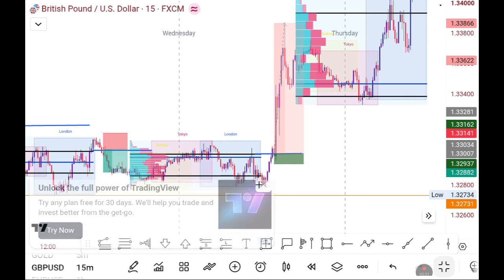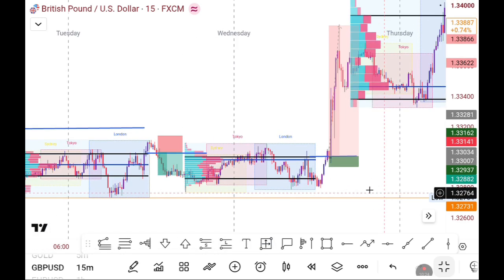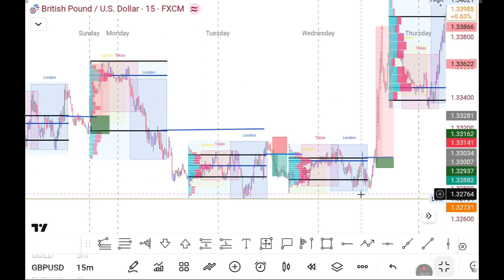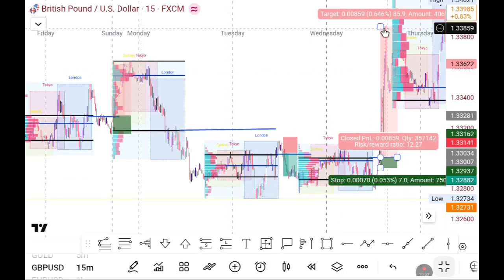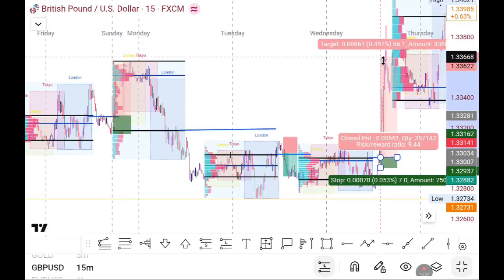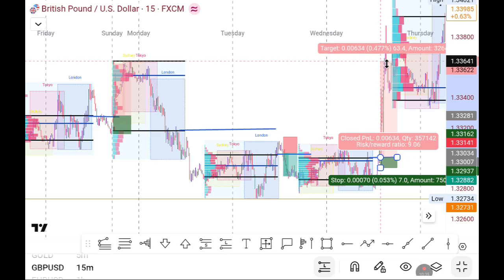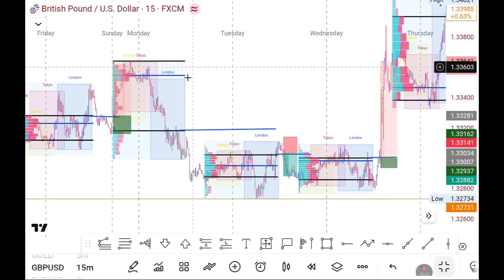So my target was on this other side. No, my target was right here. My target was on the Monday. This one was support.